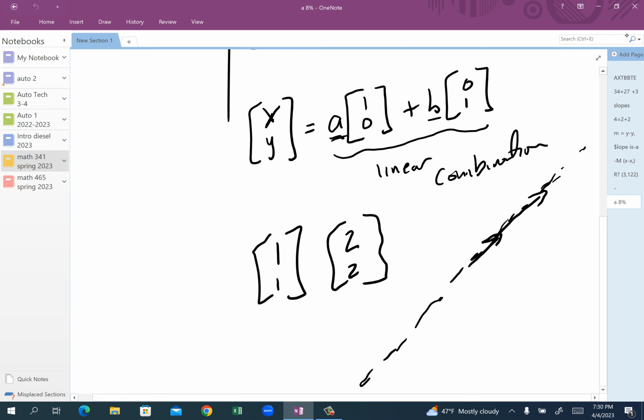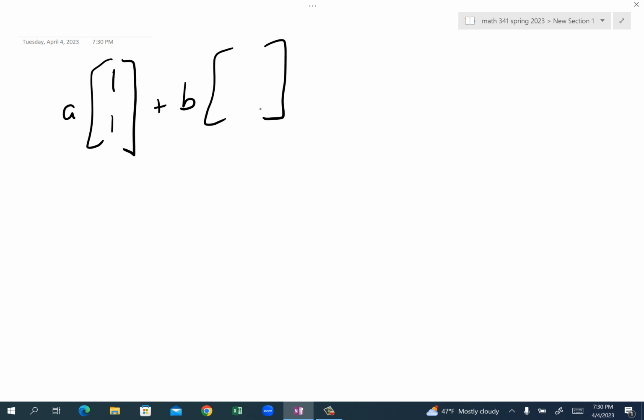And now you're like, wait, give me another one. Well, 1, 1, for instance. Any vector that is not parallel to 1, 1 will produce a linear combination with that guy, will produce the entire xy plane. 1, 0, for instance.